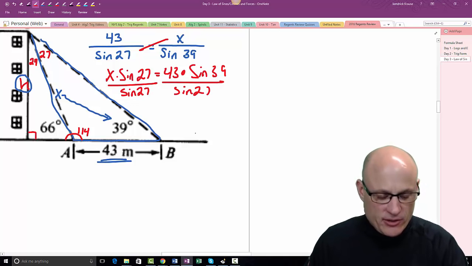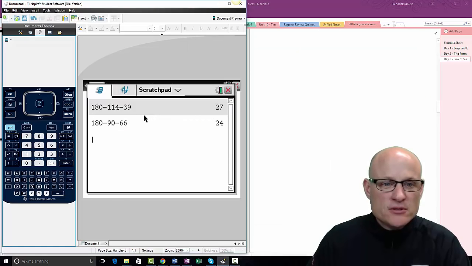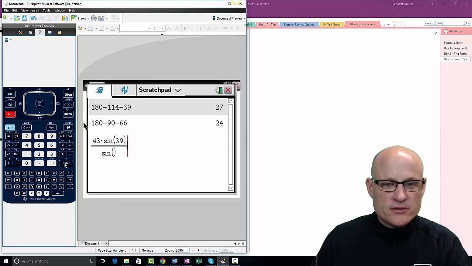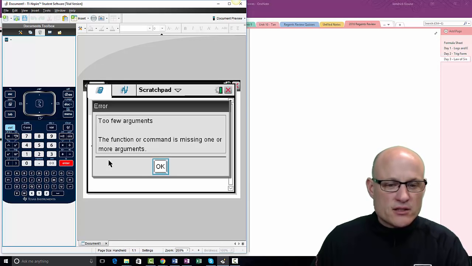Now I'll do this on my calculator. 43 times the sine of 39 divided by the sine of 27.